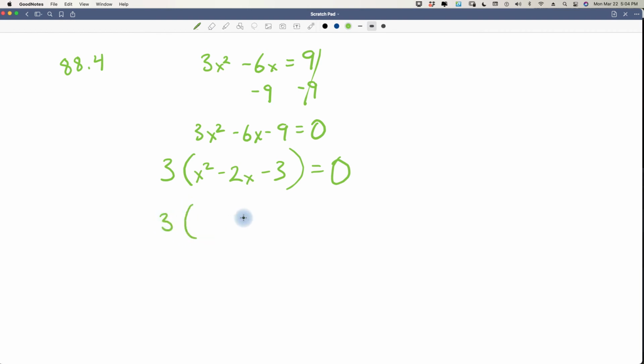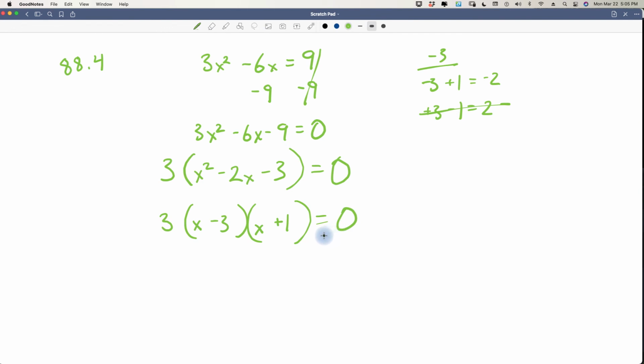Now we can do this, right? And we need to do the first one, and then the factors of negative 3 are negative 3 and positive 1, or positive 3, negative 1. Which one gives us negative 2? So this one, negative 3 and positive 1.